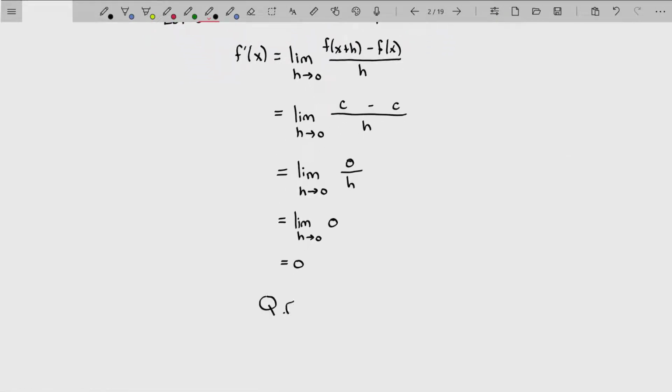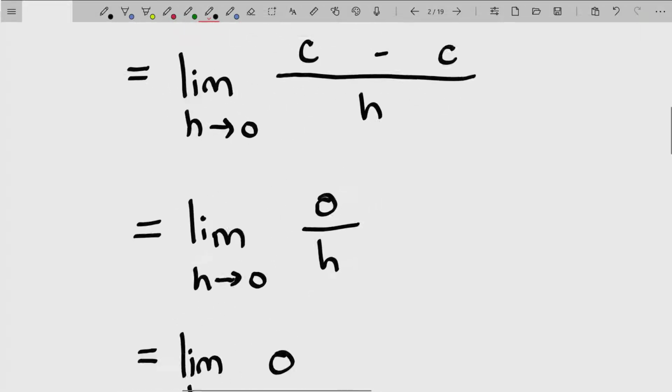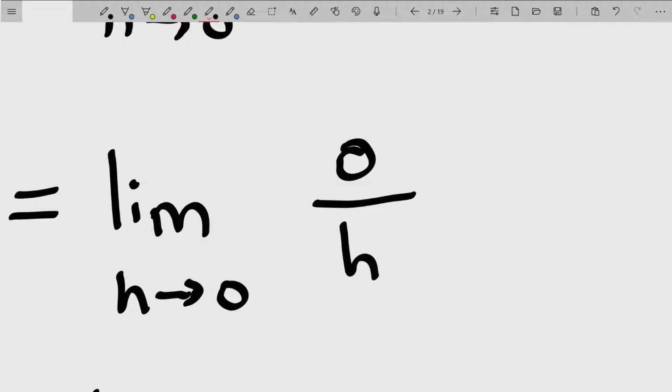Now, I do want to finish a statement I started a moment ago. A lot of students will say, yeah, but that's not 0 over something non-zero. That's 0 over 0. And I would respond, no. If you say that's 0 over 0, then you completely misunderstand what a limit is.